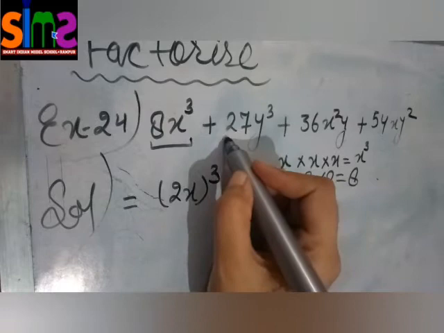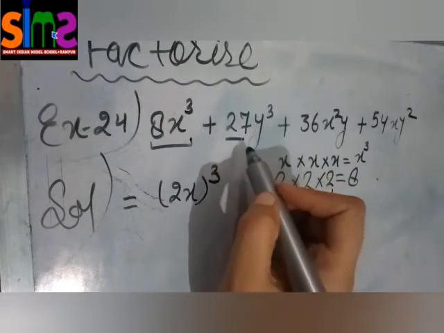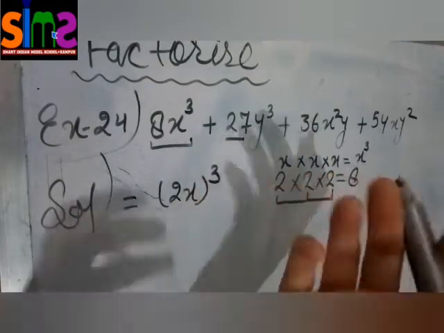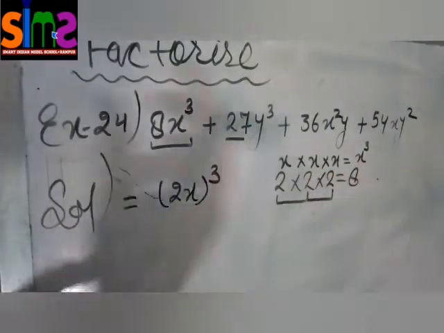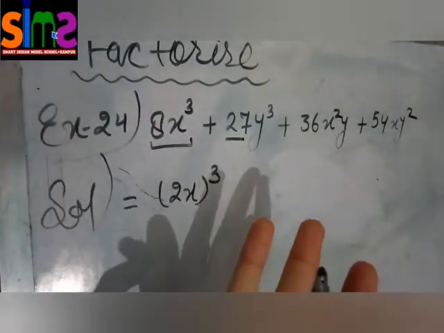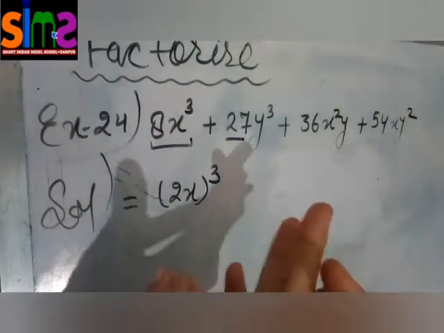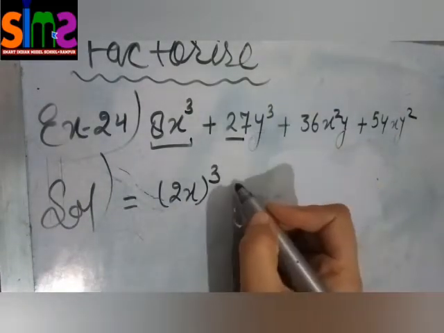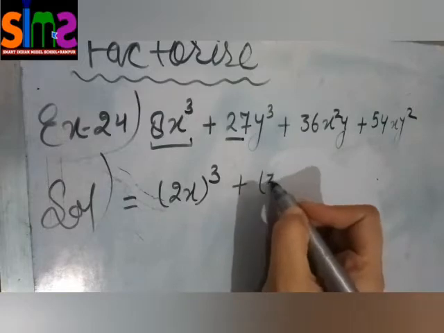So now बच्चा लोग, tell me what will be the whole cube of 27y cube. You have 5 seconds to think. 1, 2, 3, 4, 5. Time is up. The whole cube of 27y cube is 3y and its whole cube.